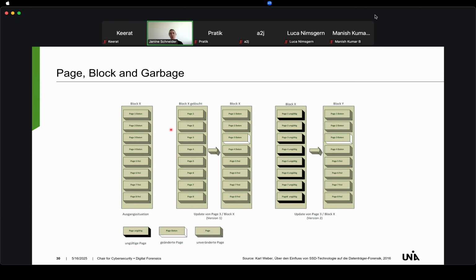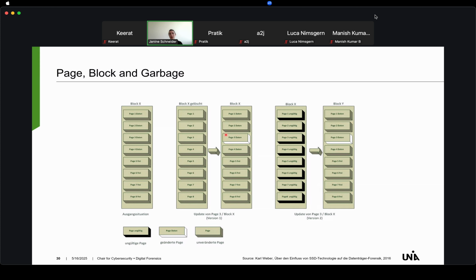Then we take the content of the buffer and write it back to the same block. But while we are doing that, we update page 3.